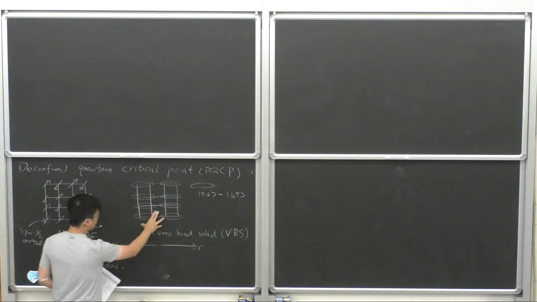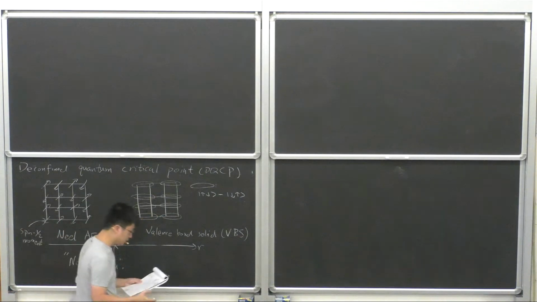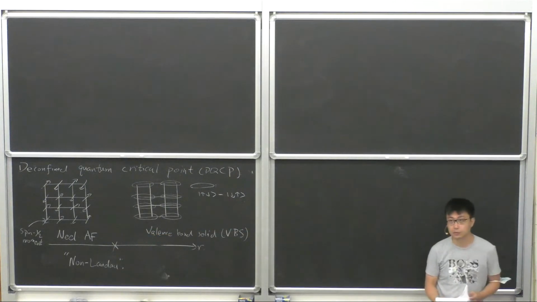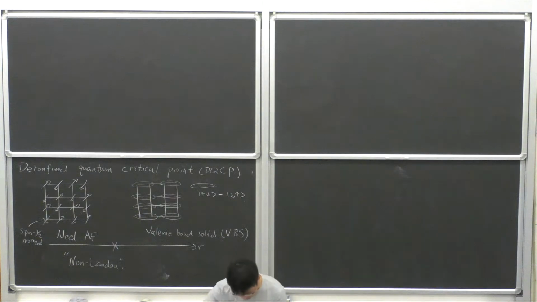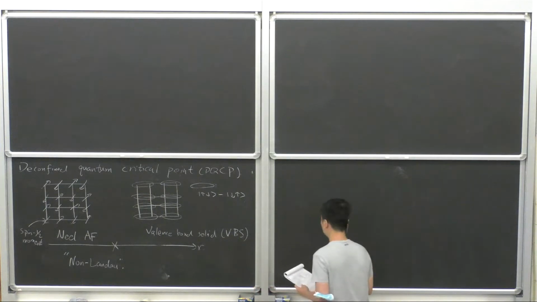Here you have the spin rotation, but not the 90-degree rotation. So they are not subgroups of each other. And that fact alone forbids you from writing down an unfine-tuned single direct continuous transition within Landau theory. So that's the setup.